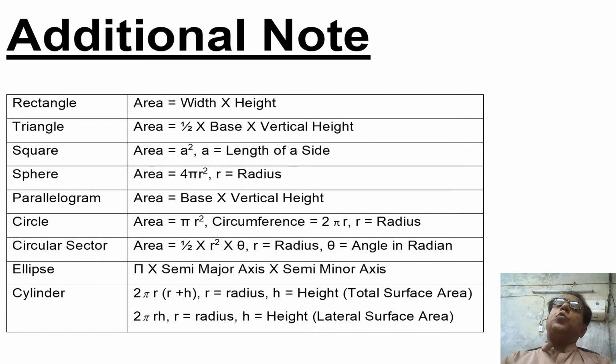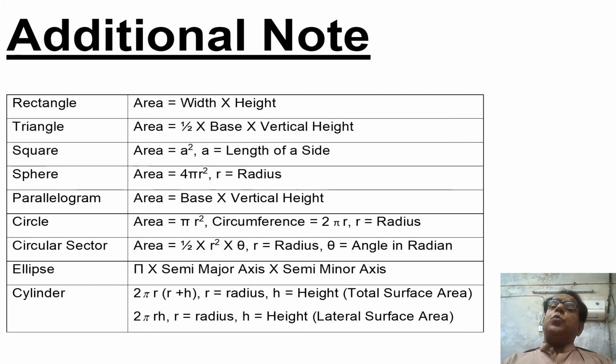Now we move on to additional note. Dear students, the formula for area of a rectangle is area is equal to width into height. This table includes formulas for the calculation of area of various geometrical shapes.